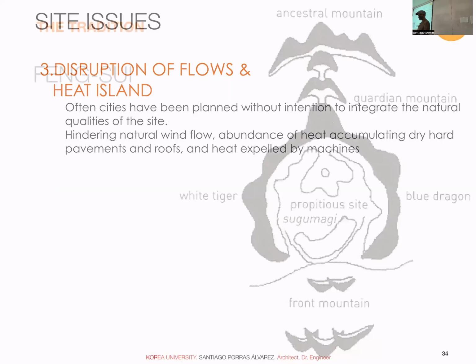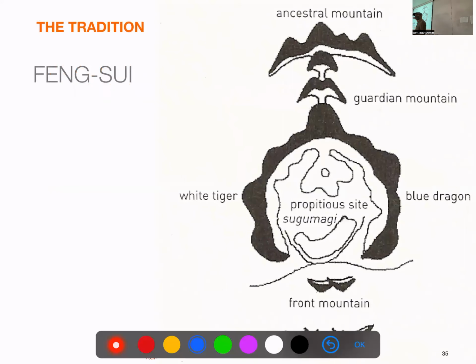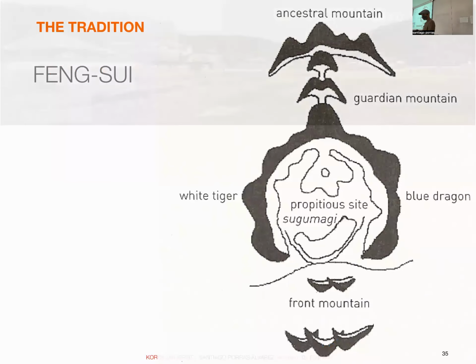And if we go to the tradition, this is a famous diagram, the Feng Shui or Pungsu here in Korea, in which it's not only trying to find a harmony with a propitious site in mountains and water, it's about having this kind of balance, right? So now scholars agree that this has some sense in terms of climate control and the adaptation to the site without destroying the nature.